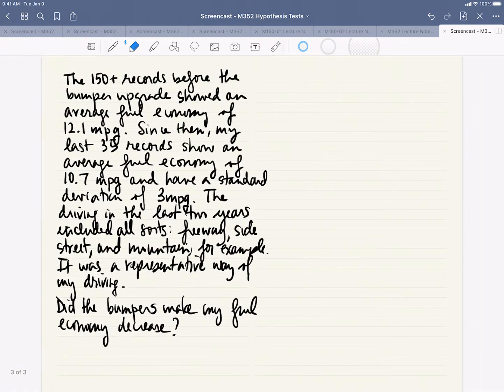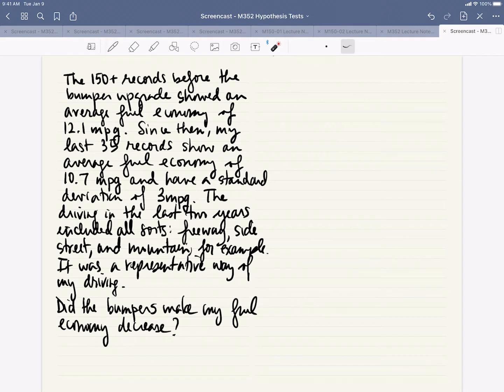So here's the data. Before I changed my bumper, I had about 150 records of fuel ups at the gas station and odometer readings. When I calculated the average fuel economy, I had an average of 12.1 miles per gallon.